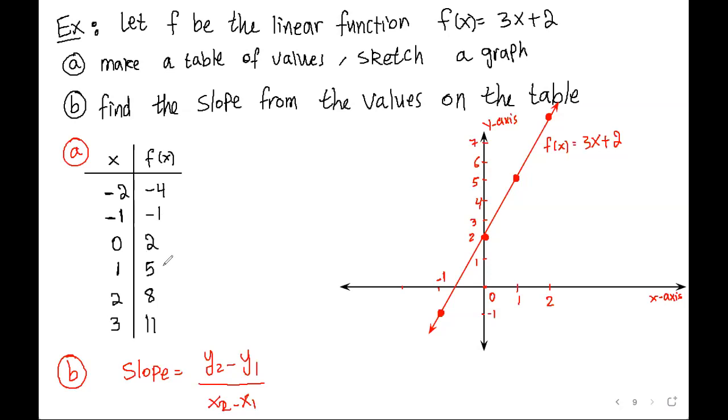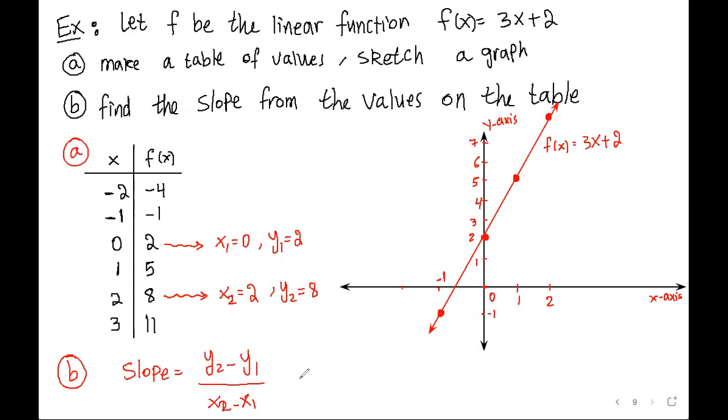So here I'm going to choose, for example, this point, and I'm going to use this point. This point here is x1 equals 0 and y1 equals 2, and here x2 equals 2, y2 equals 8.